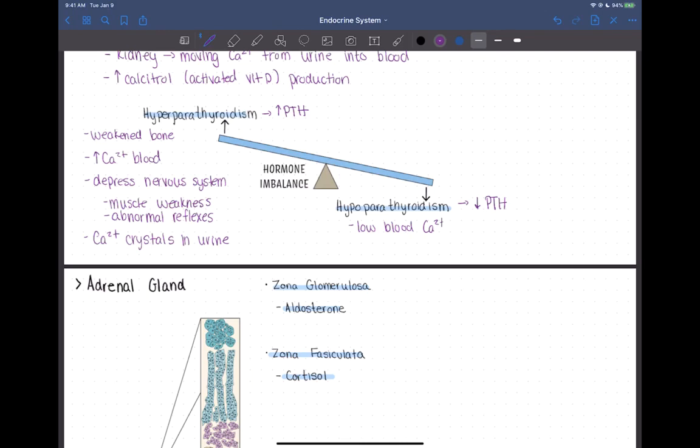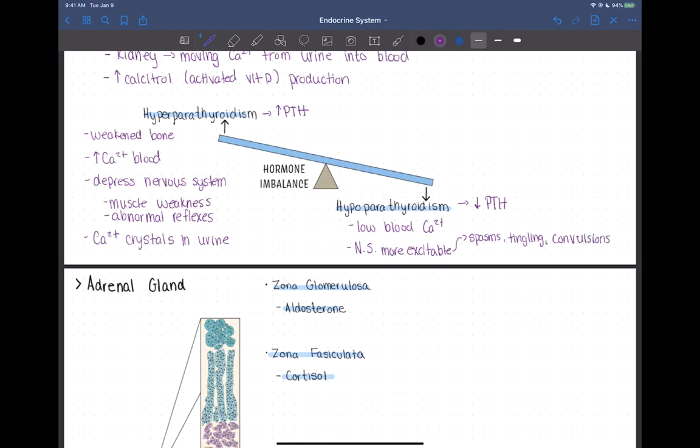The nervous system actually becomes more excitable. Instead of being depressed, it's going to be more excitable. As a result, you'll see muscle spasms, tingling, and convulsions, all from this low blood calcium.